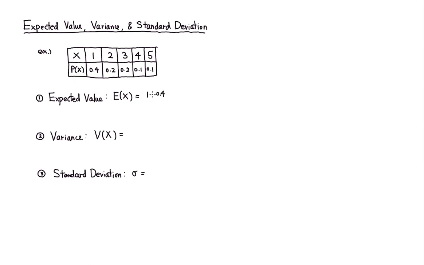So you multiply 1 by 0.4, plus 2 times its probability, 0.2, and 3 times 0.2, plus 4 times 0.1, and plus 5 times 0.1. Then we just have to add them up, and I'm going to use GeoGebra to compute it.